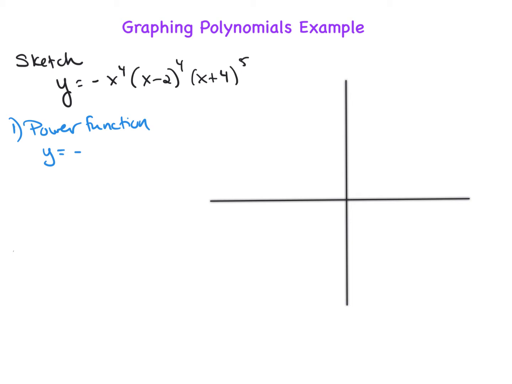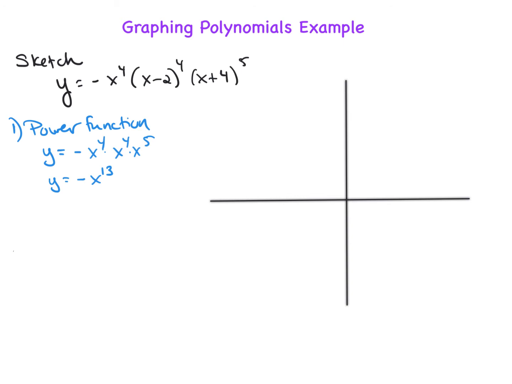So we would have an x to the fourth times another x to the fourth times an x to the fifth, making up all of the most powerful factors in each part. That gives us a grand total of, add the exponents, 4 plus 4 is 8, 8 plus 5 is 13. So we have y equals negative x to the 13.